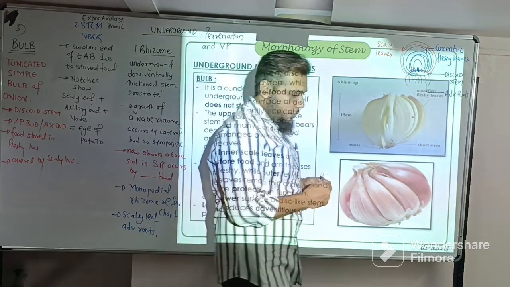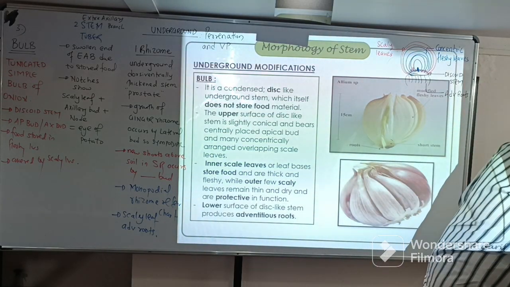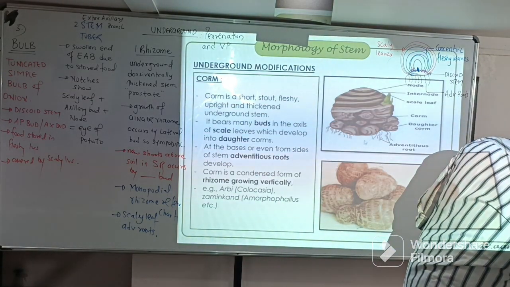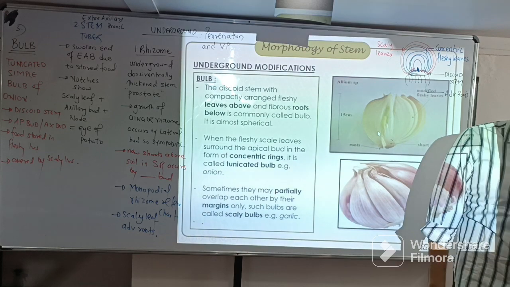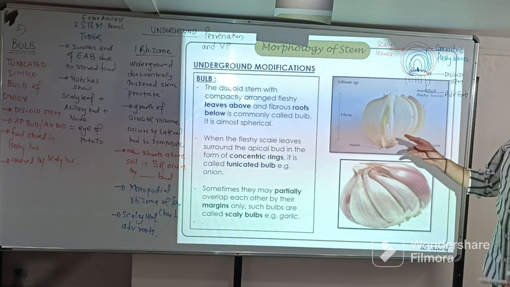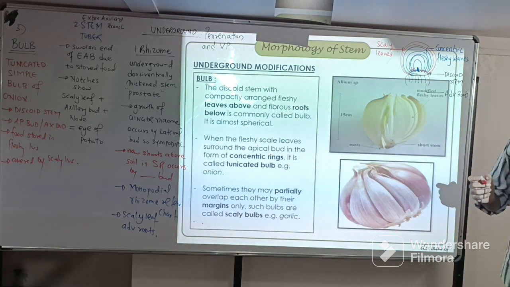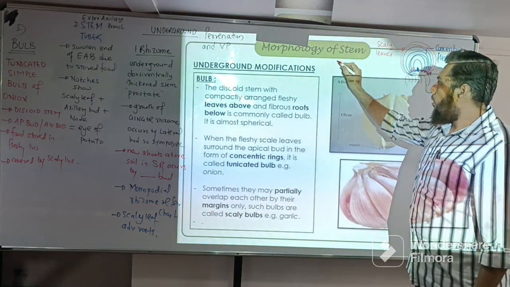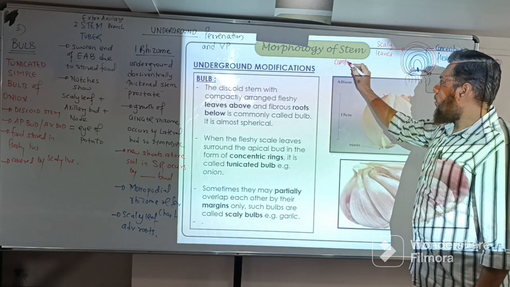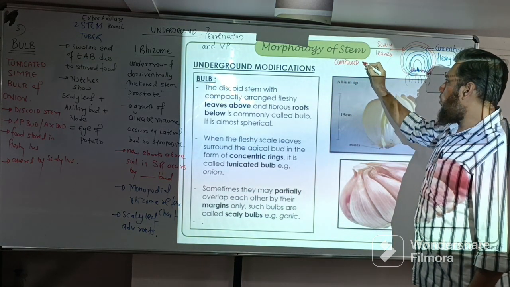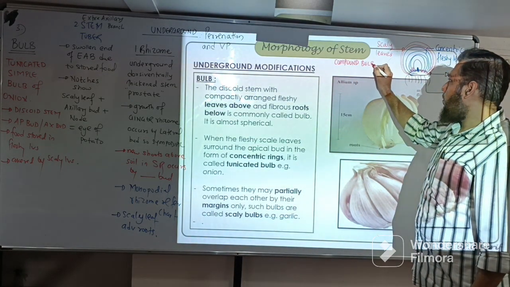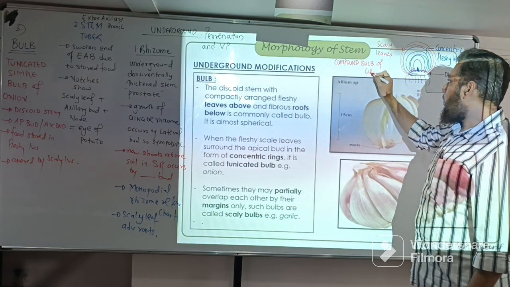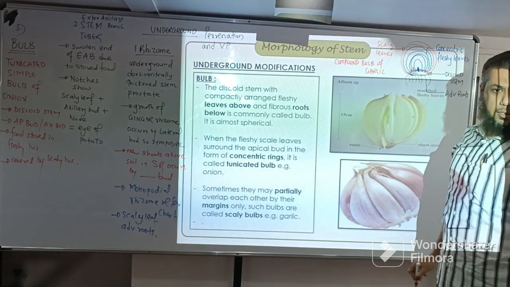Now, look here further. The next one we'll discuss is a compound bulb. Compound tunicated bulb of garlic.